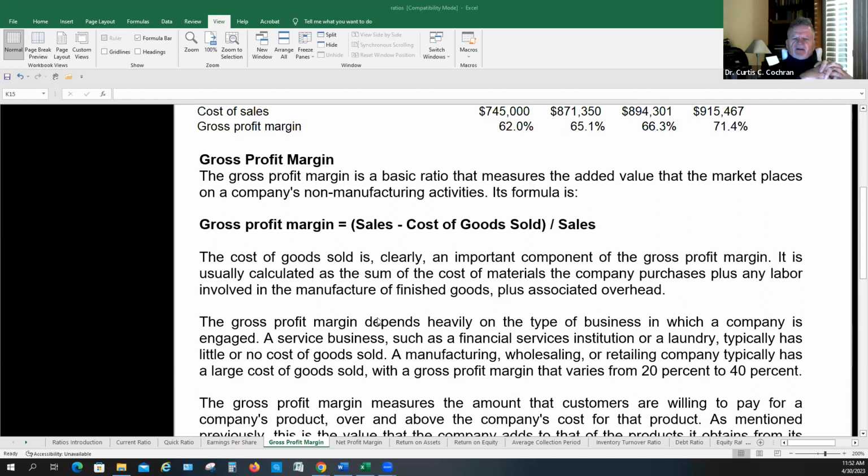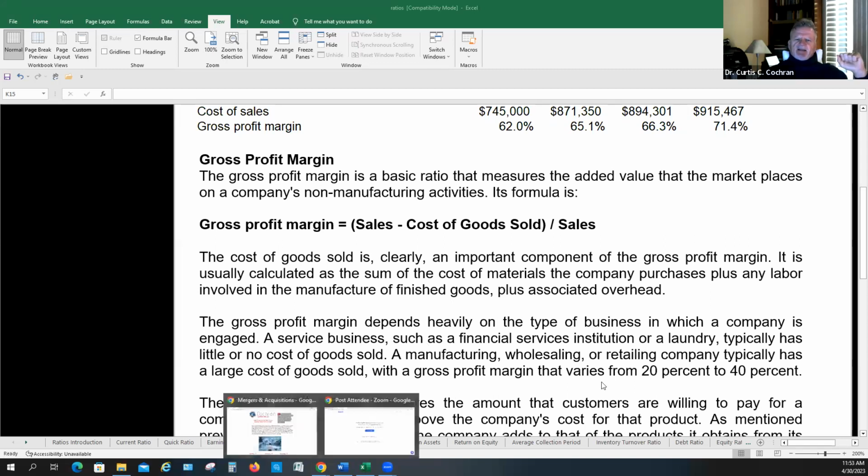It is usually calculated as the sum of the cost of materials the company purchases plus any labor involved in manufacturing these goods. Well, goods actually, because most services do not have a cost of goods sold. So we have to take that into consideration.